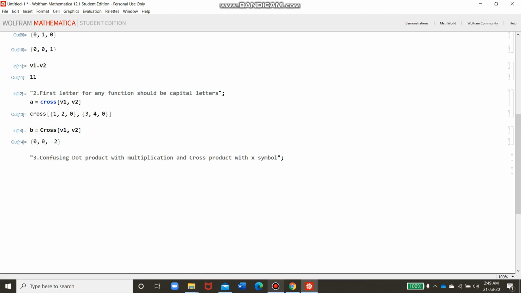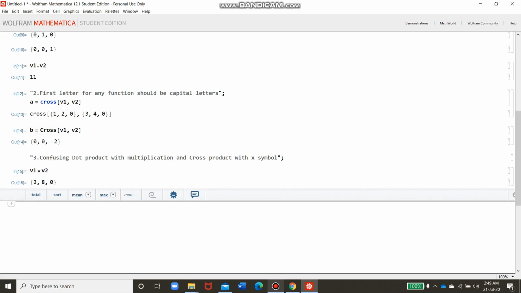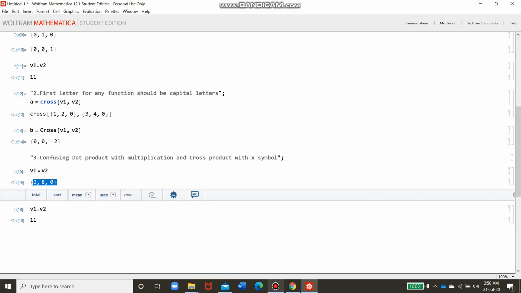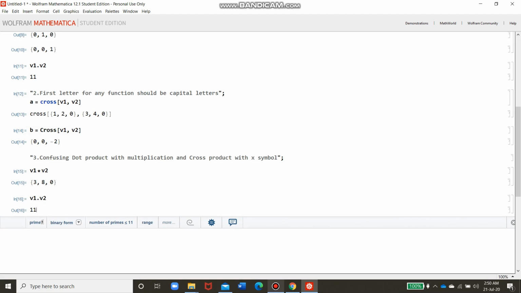For example, what happens if we put v1 multiplication v2, we would get an answer, but it is totally different from v1 dot v2, which is 11. So if you're expecting a scalar quantity when you're doing dot product, make sure you're getting a single value rather than a matrix form.